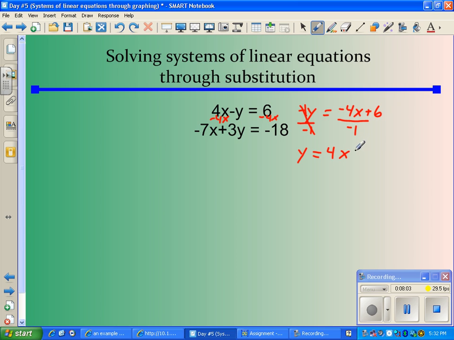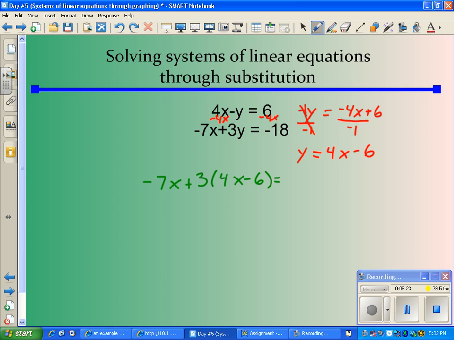Well, now we have a letter by itself and we can plug it in to the second equation. So everything else is going to stay the same. Negative 7x stays the same. Plus 3 stays the same, but we're going to plug in that y value. Again, everything else stays the same.